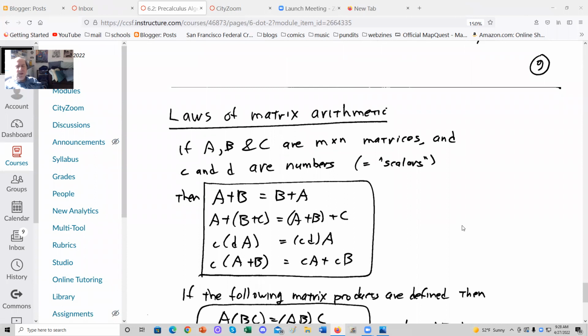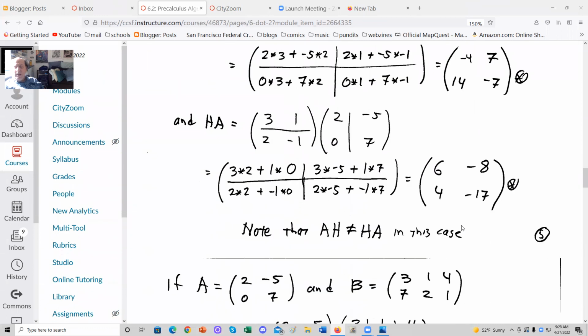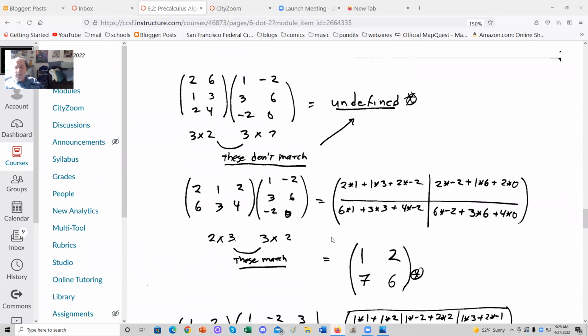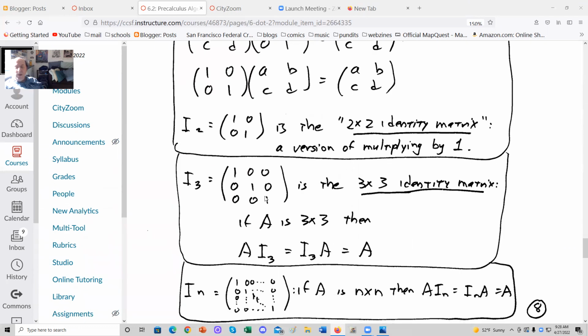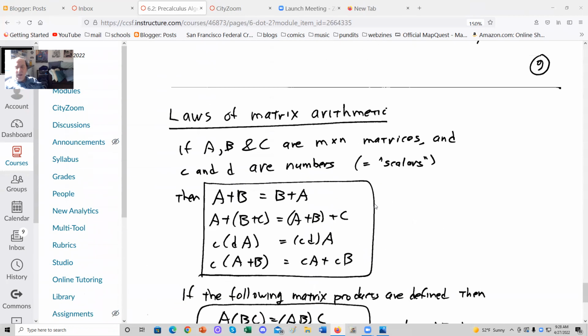Now, these matrices don't have all the same rules as numbers do, but they have many of the same ones. I mean, they don't have commutativity: A times B is not necessarily B times A. But they do have a version of the identity operation: A times identity equals identity times A equals A. They also have a lot of the same rules for addition.